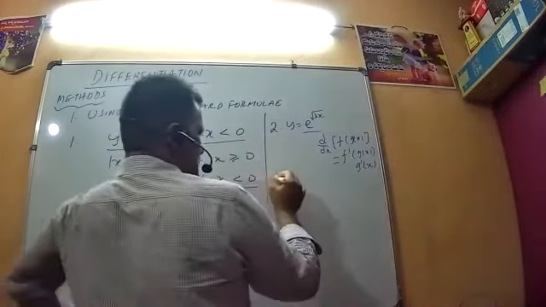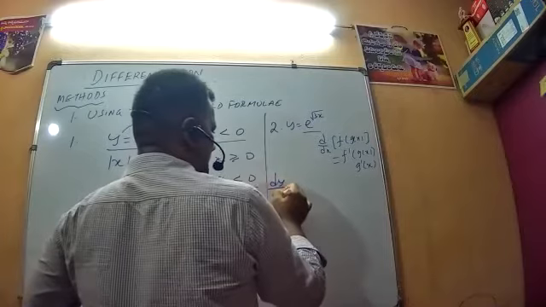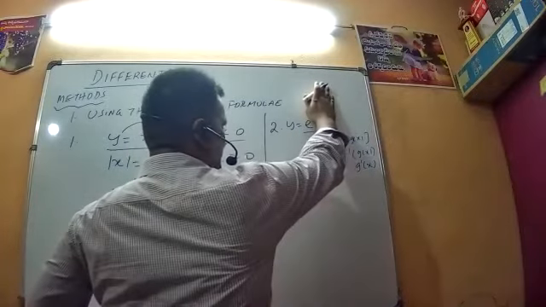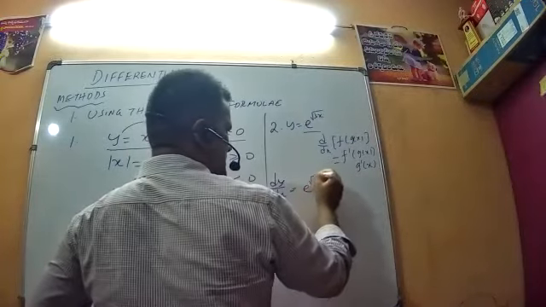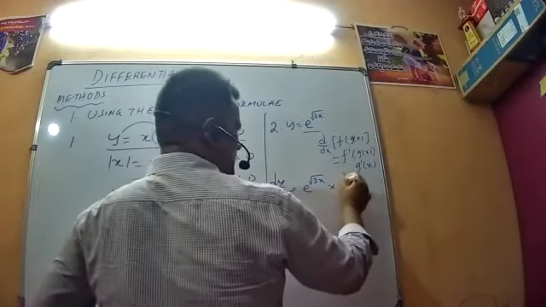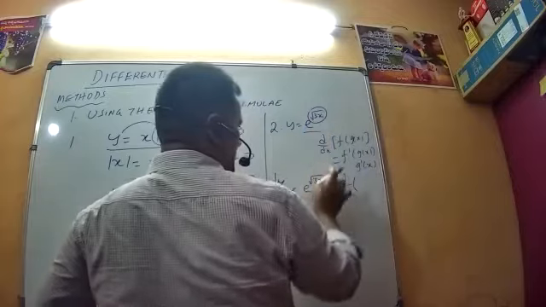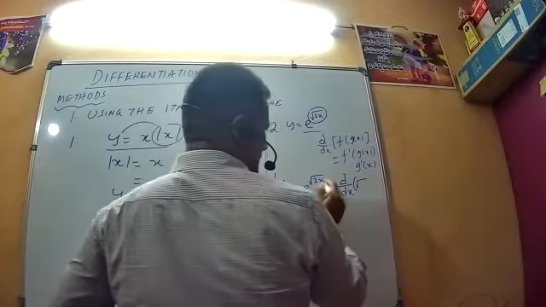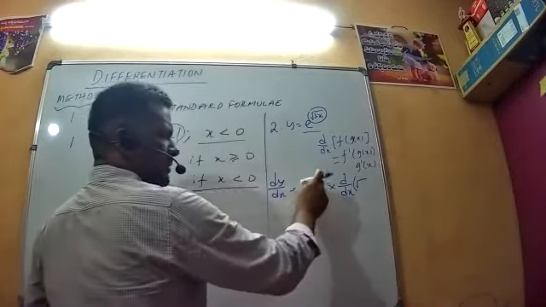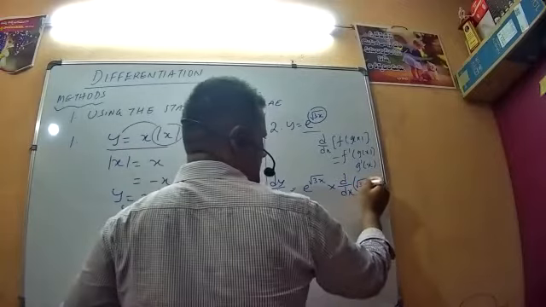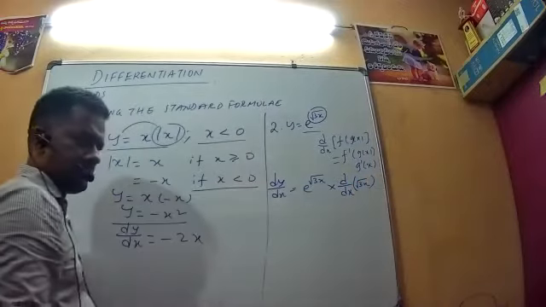Now write dy by dx. The derivative of e power x is e power x, and in the place of x actually root 3x is there. So e power root of 3x into d by dx of root of 3x.